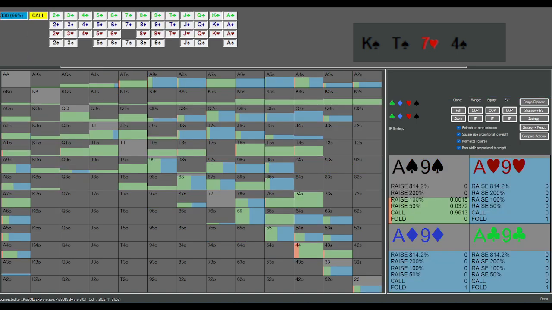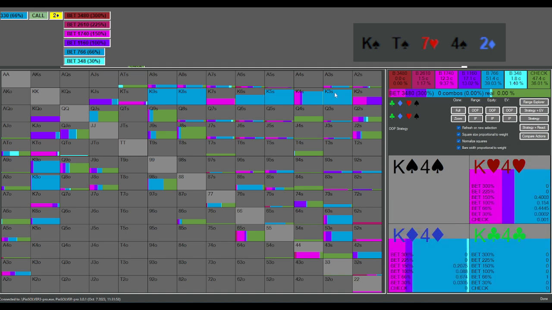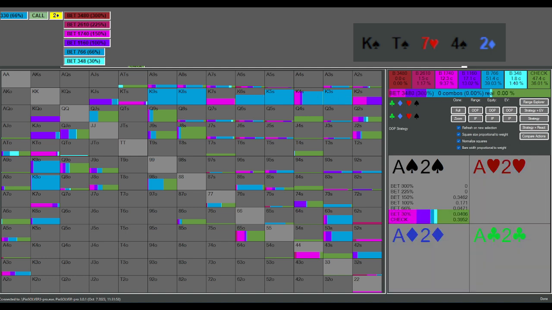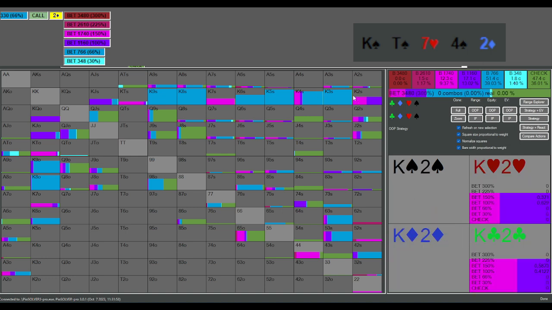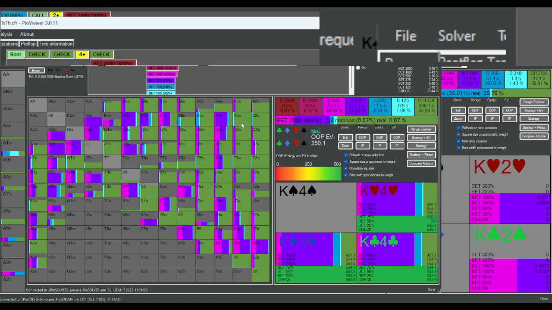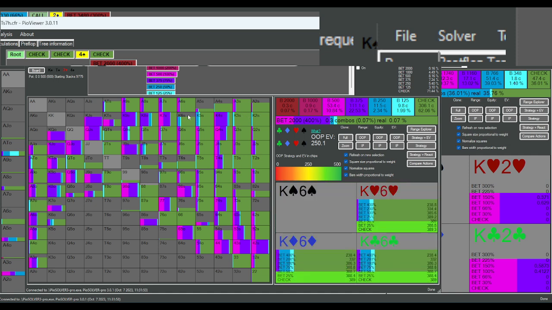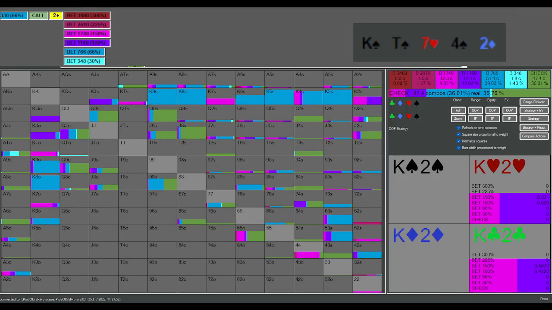So this is 2/3 pot. We'll get a brick river, 2/3 pot, going for another 2/3 pot on the river. So we're getting about 10 big blinds into the pot here with a weak king, whereas here we're not even betting the turn very often with this low king x.